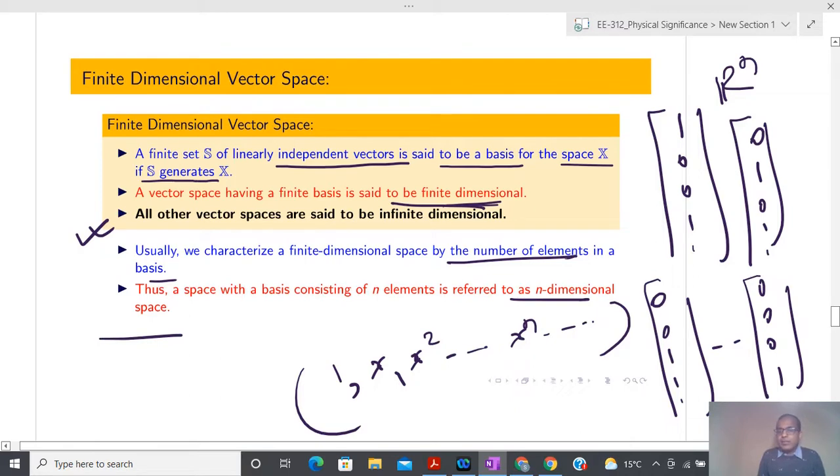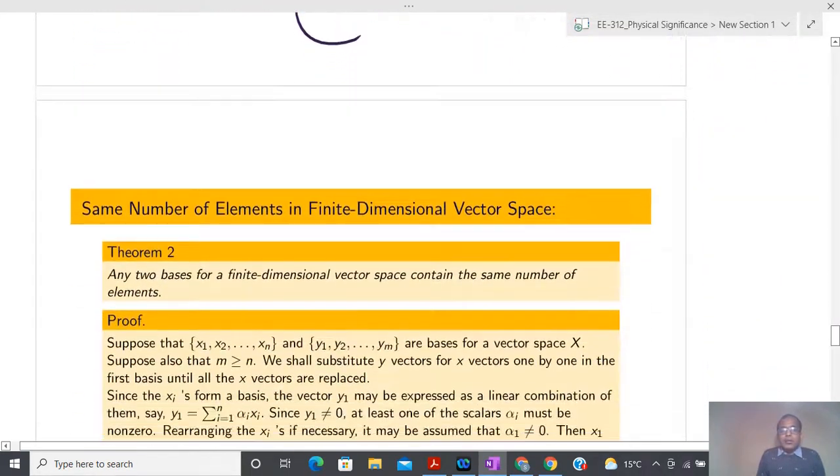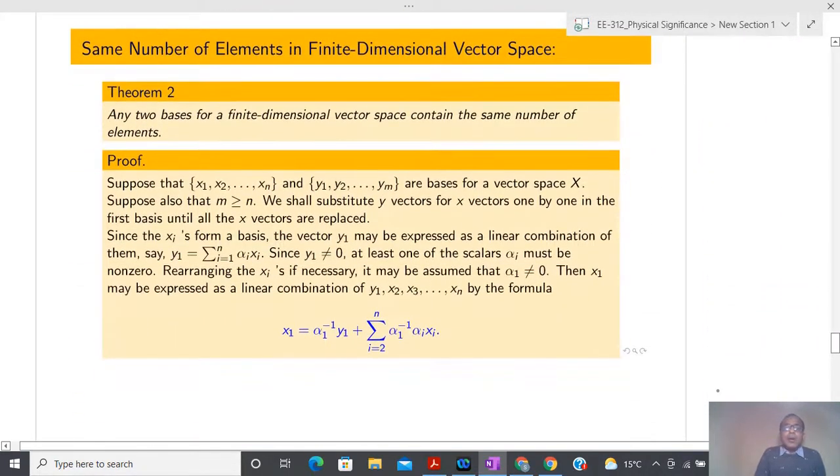We have already talked about that. Now, what happens to the number of elements in a finite dimensional vector space? Any two bases for a finite dimensional vector space contain the same number of elements. What we are basically saying is, suppose you have to represent two dimensional space.